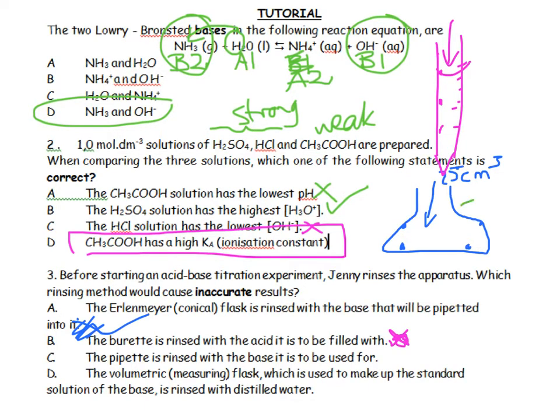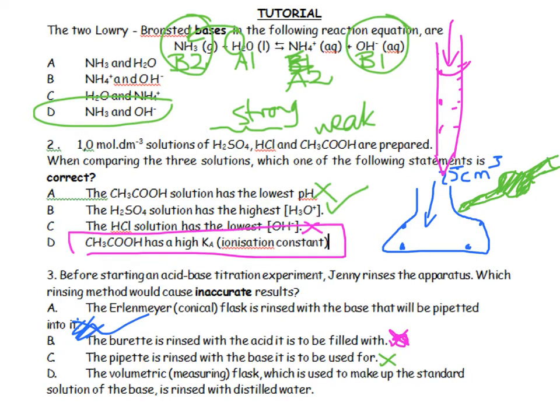Same sort of story. Here's the pipette, and it has got drops of base in it, and then I suck up the pipette and I fill it up to that point. It really doesn't matter that there were some drops in there beforehand. The measuring takes place afterwards, so this is an okay thing to happen.